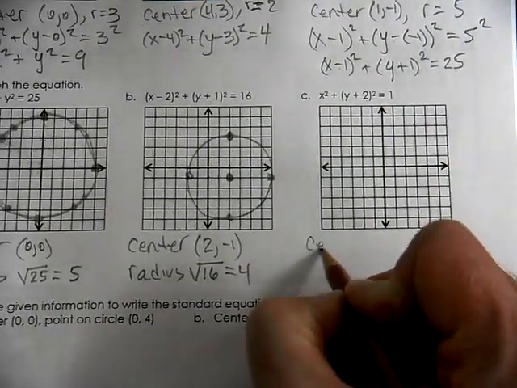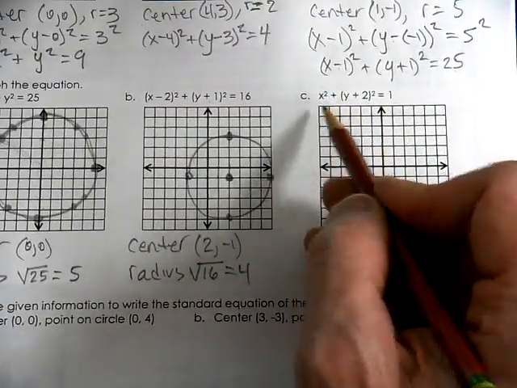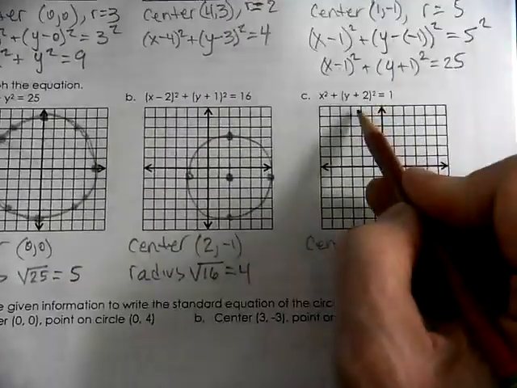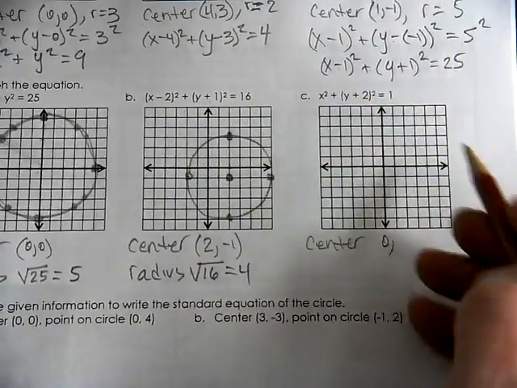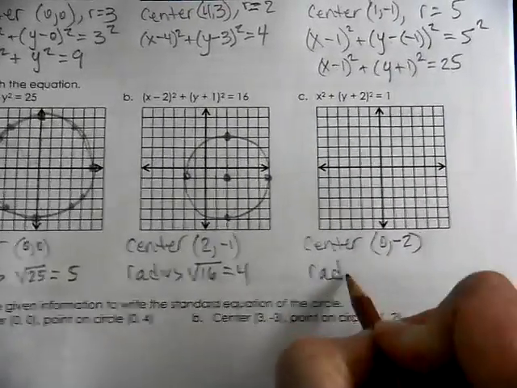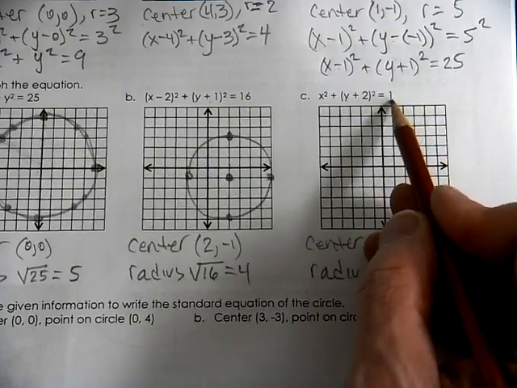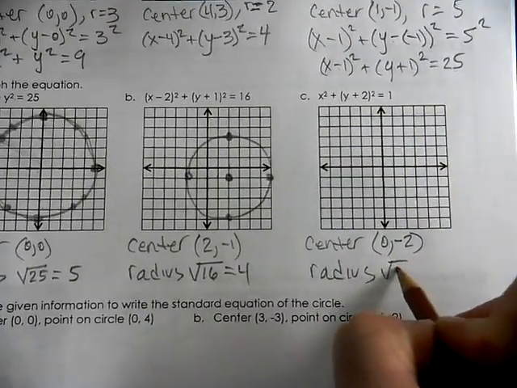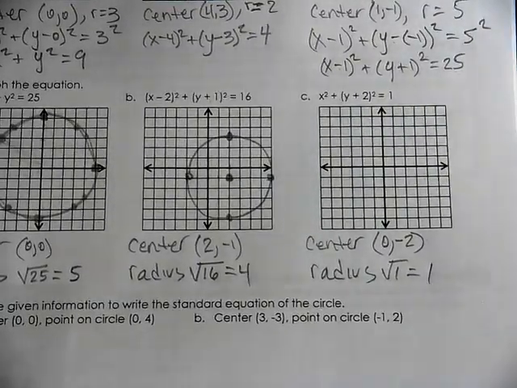This next one, our center, this is x squared, so it's x minus nothing, so it's 0. And y plus 2, which means that the k value is negative 2. And of course, our radius is the square root of this value, so the square root of 1 is 1. 1 times 1 is 1.